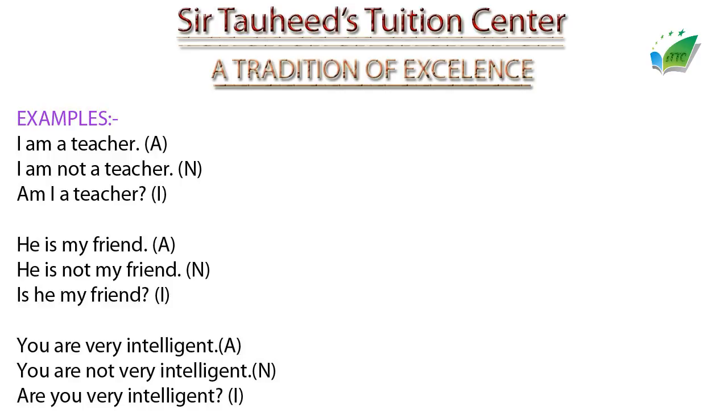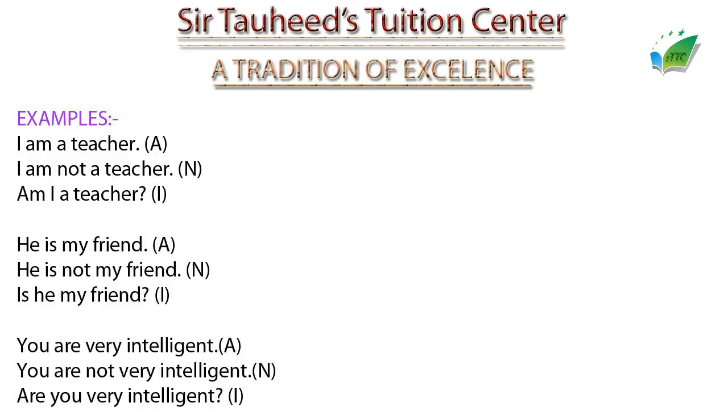Next type of this sentence is negative, and to create its negative sentence we have to put not after is. So he is not my friend is a negative sentence. Third part of this sentence is, is he my friend?